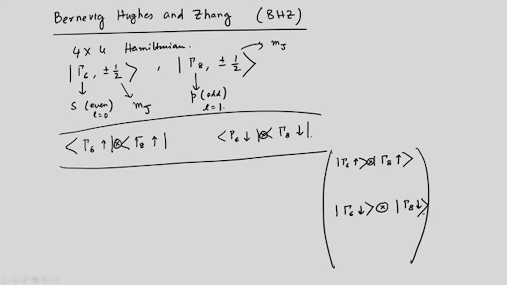Okay. So, one gets a Hamiltonian. It is actually a block Hamiltonian with no components mixing the spins. So, this is equal to H of k, 0, 0, and H star of minus k, which gives you an effective Hamiltonian written in this basis.